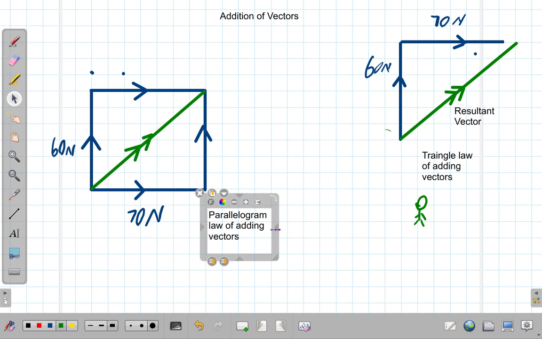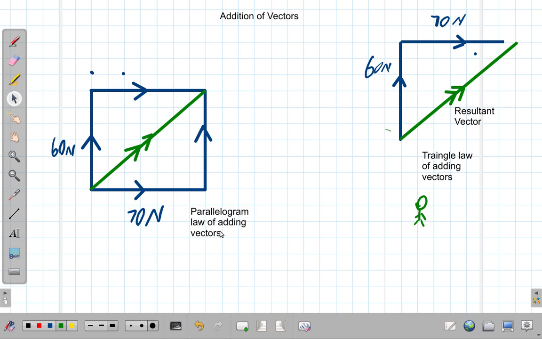So you have these two main laws, the triangle law and the parallelogram law. We're going to use both of them in later examples to add two vectors. Alright? Of course, if we have several vectors to add, you just add two at a time.